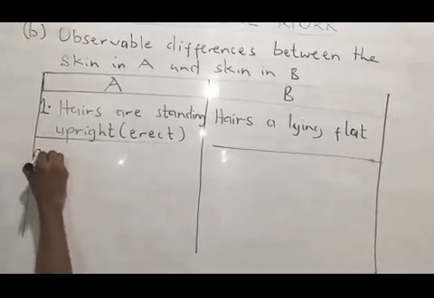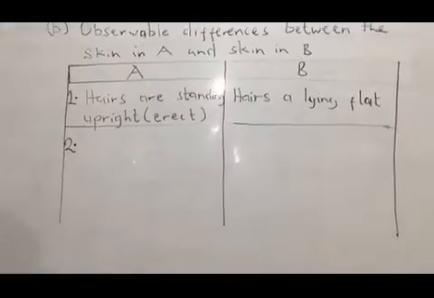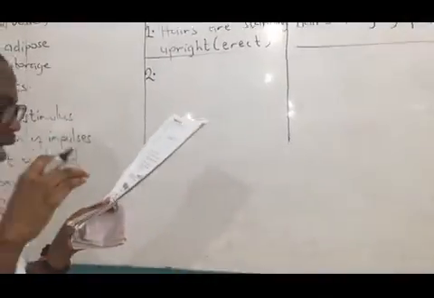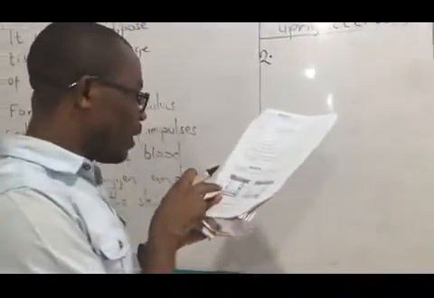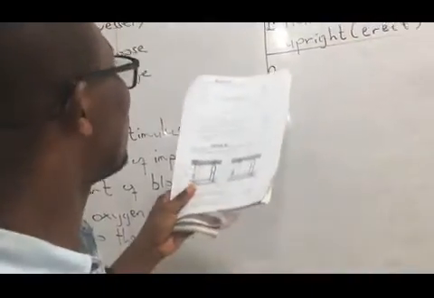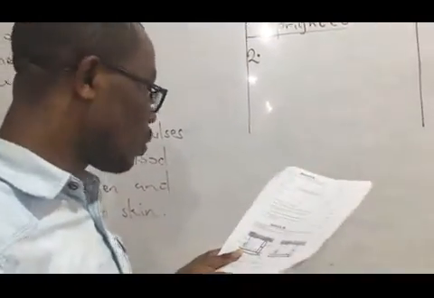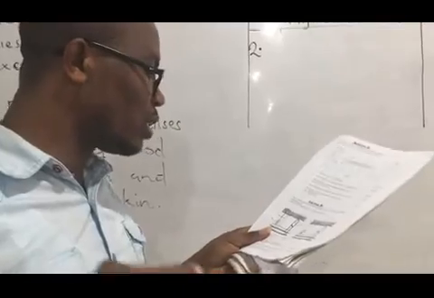What is the other difference? The other difference you can talk about is the part labeled III, which I've labeled as the sweat gland. The sweat gland is responsible for producing sweat.